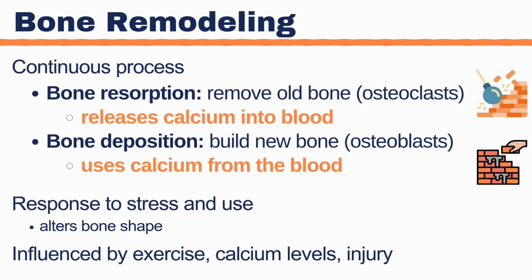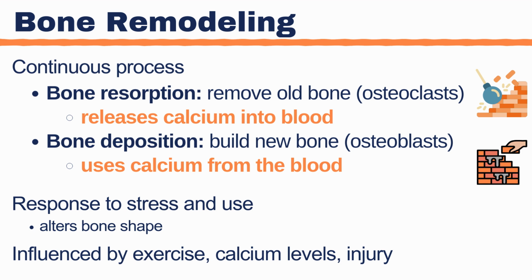It's important to note that bone remodeling is the ongoing process where old and damaged bone is replaced by new bone to maintain strength and proper shape. It involves two main actions happening together: bone resorption and bone deposition. Bone resorption is when osteoclasts remove old or damaged bone.